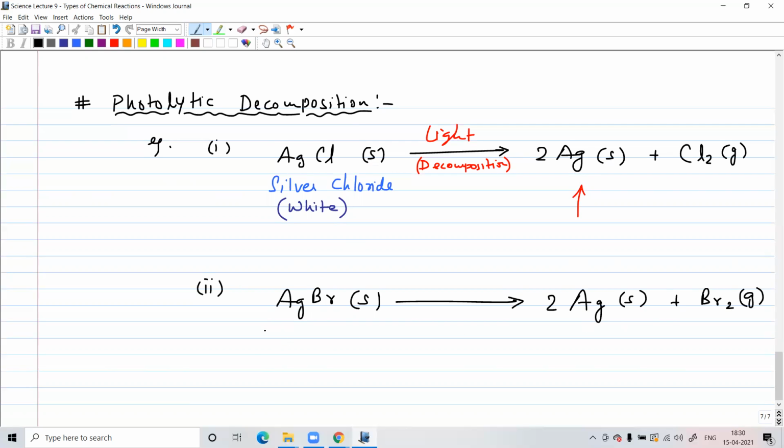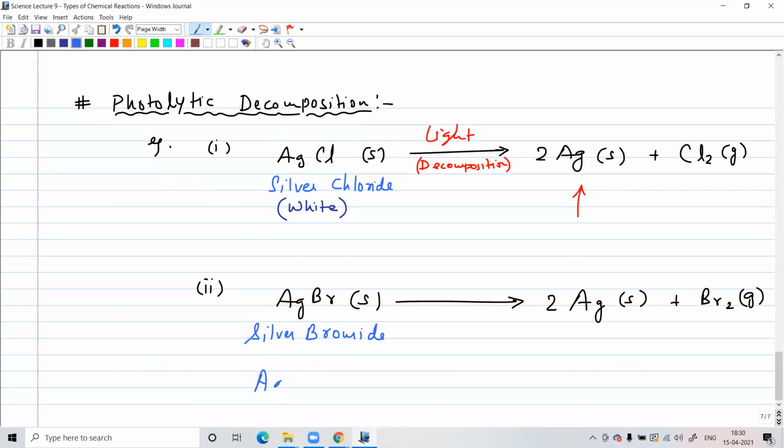Okay. So what would be the name for this compound? Can anyone tell? Ag is silver. Yes, very good. Silver bromide. It was chloride, so it will be bromide.